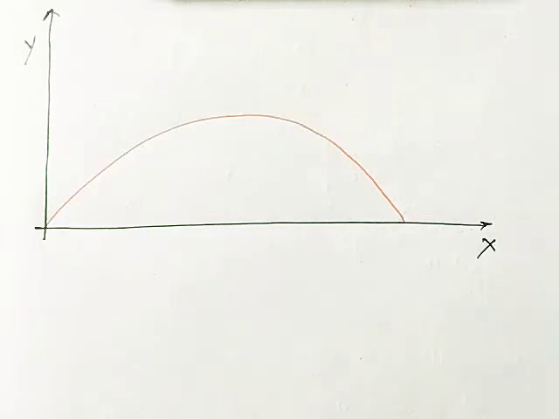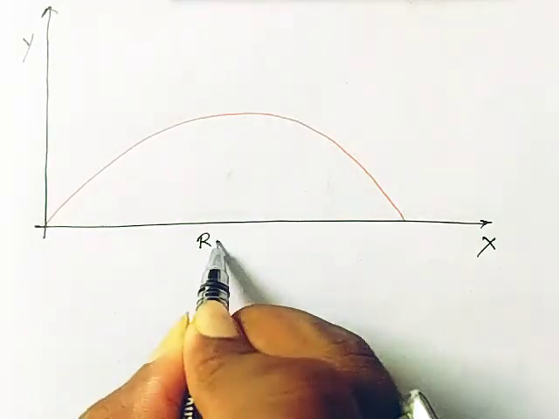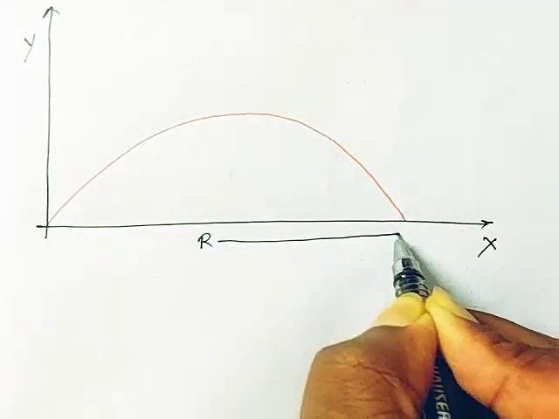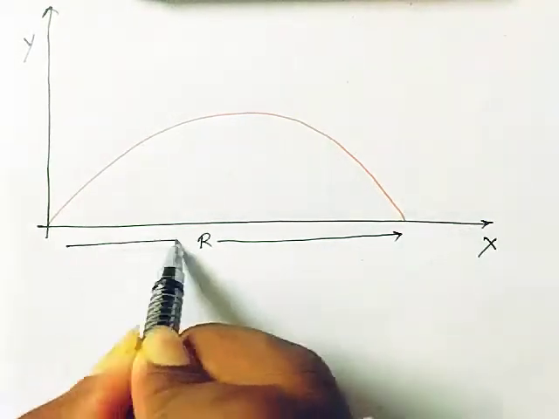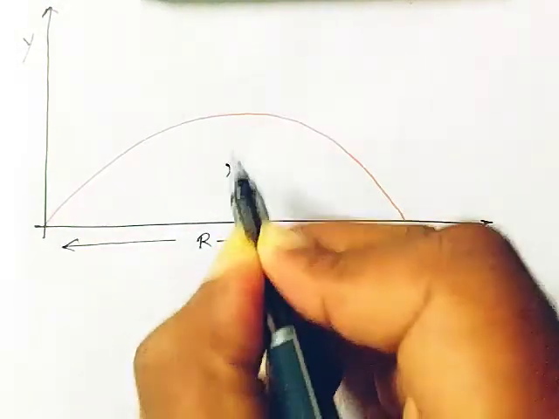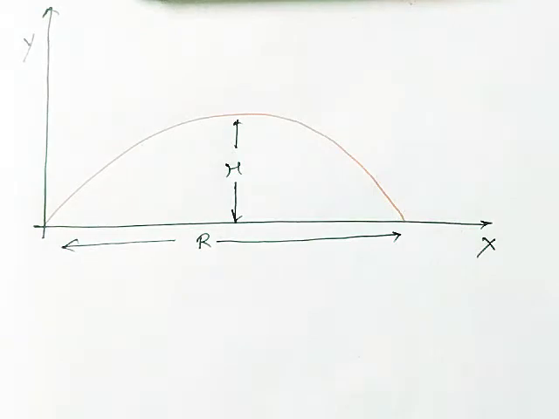When we go for the application of projectile motion, two quantities become very significant. Number one is the range, that is how much horizontal distance is covered at the end of the motion, and how much vertical height it can reach during the motion.